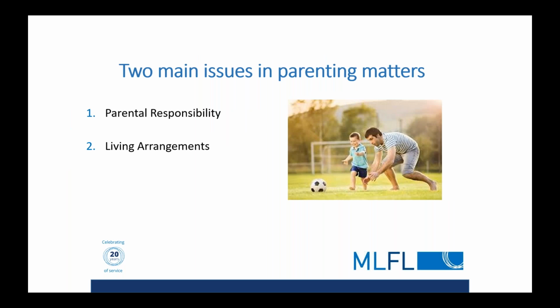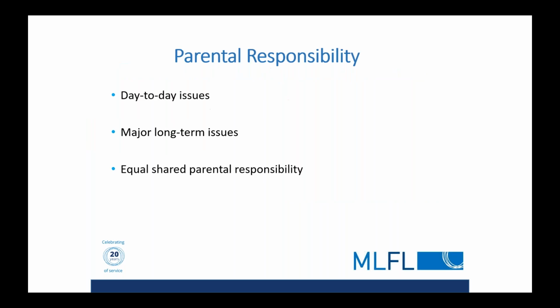The two main issues in parenting matters are how parental responsibility should be divided between the parties and what living arrangements should be in place for the children. Parental responsibility could refer to just day-to-day issues, that is, who has the day-to-day responsibility for a child, and it's usually the person who has the child in their care at that time.